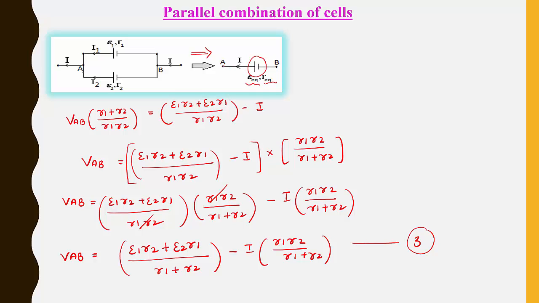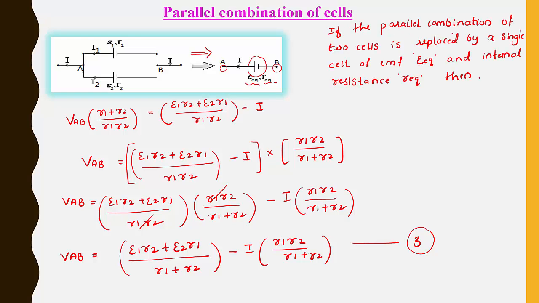Now we can find the potential difference between A and B. Suppose the parallel combination of two cells is replaced by a single cell of EMF EEQ and internal resistor REQ.